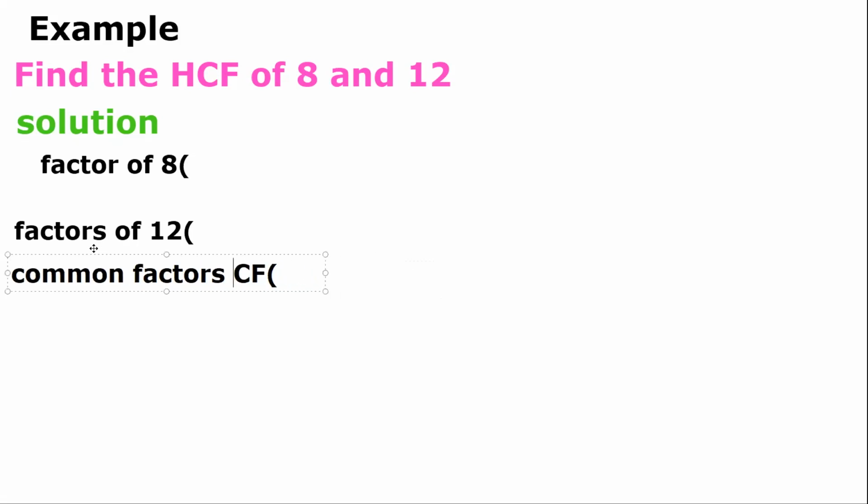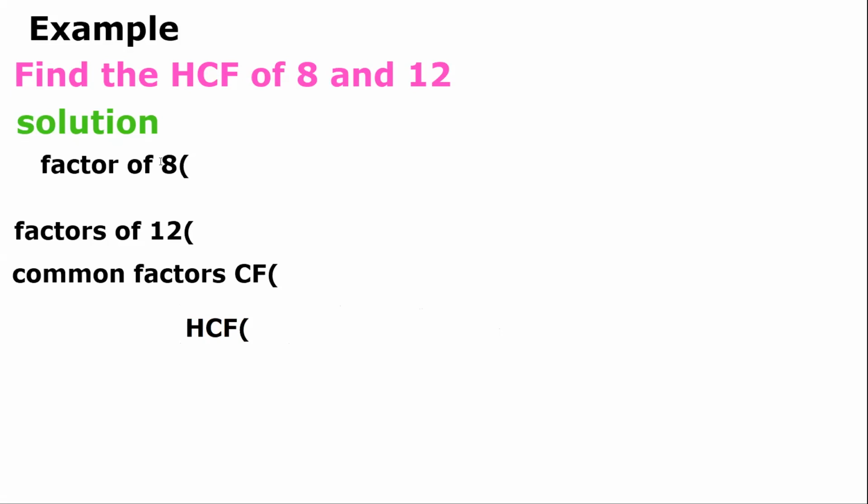You can write CF in short. Okay. Good. And then you write your highest HCF, the highest in the common factors. Good. This is the precedent that we are going to use.